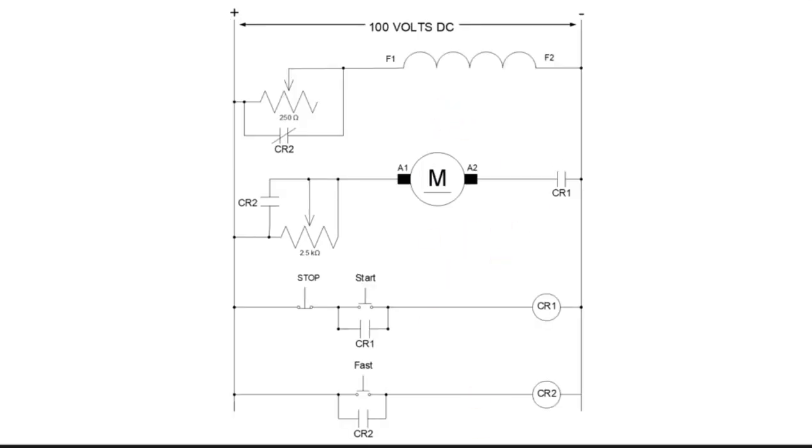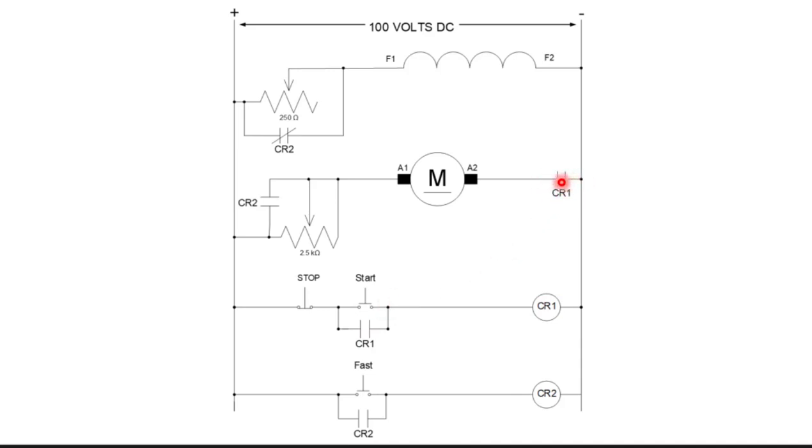This is a variable speed setup. Let's take a look at what's going on here. Initially, CR1 and CR2 are both de-energized, so this set of contacts is closed, passing current around this resistor. This is open, and these two are open. But once I hit start and CR1 picks up or energizes, it seals in here, and it also closes this set of contacts.